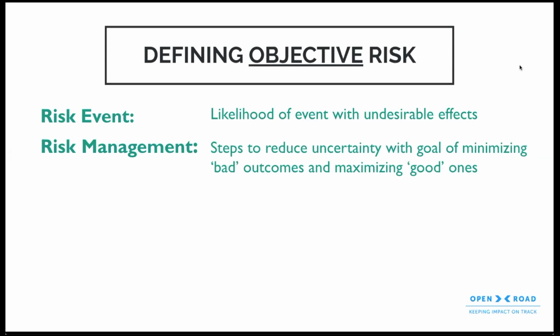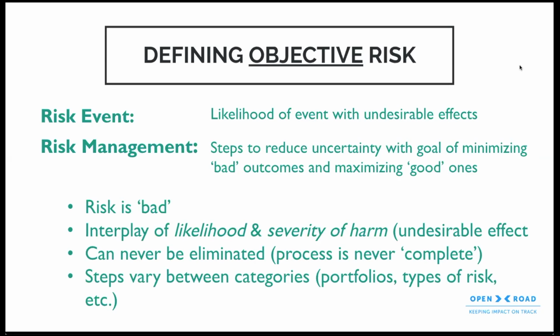And risk management, therefore, is the steps that we take to reduce uncertainty with the goal of minimizing bad, hazard, loss outcomes, and maximizing, quote, good outcomes. In our case, maximizing impact. So again, on this objective side, risk is bad. There is no risk event that, if it happened, would be a good thing for us.